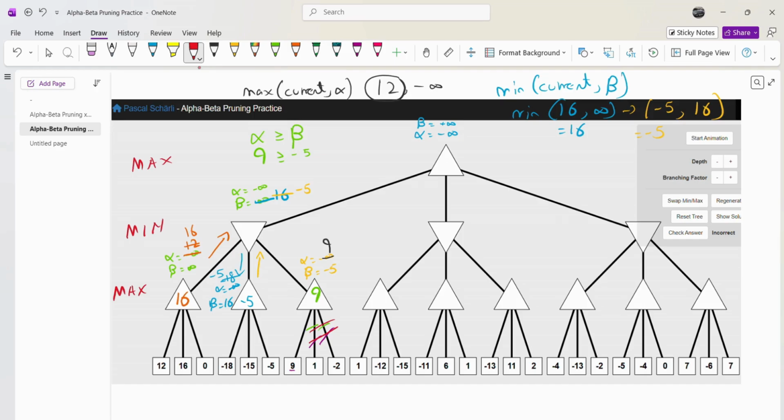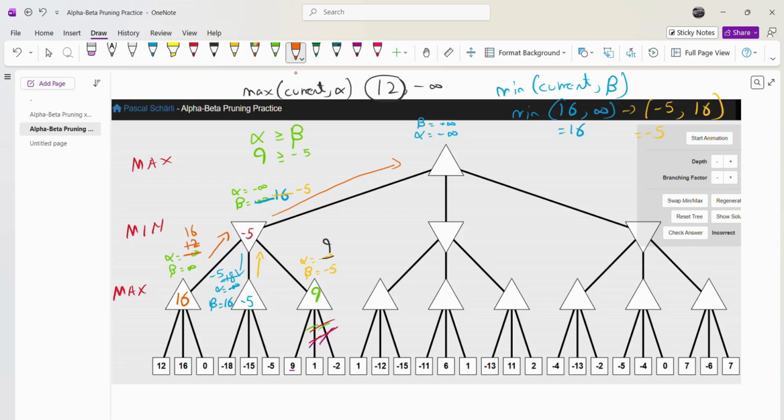So for this specific node we have the value as negative 5, and the values of alpha and beta were alpha as negative infinity and beta as negative 5. Now this being a child will send its current values to its parent node. Its parent is over here and that's a max node. The current value which it has is negative 5. So this negative 5 is sent over here.